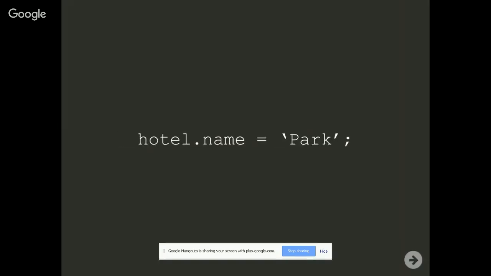I don't recall if we did an example of updating an object. We changed the name. I think we did that. Okay, well, if we didn't, then we can do it today, but I'm actually pretty sure we did. So if you wanted to change the name of a property, this would be the way you do that. You're going to say the name of the object dot the name of the property, and then in this case, you're changing the name of the hotel to Mark.